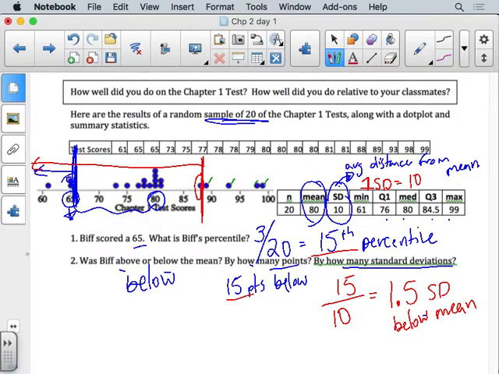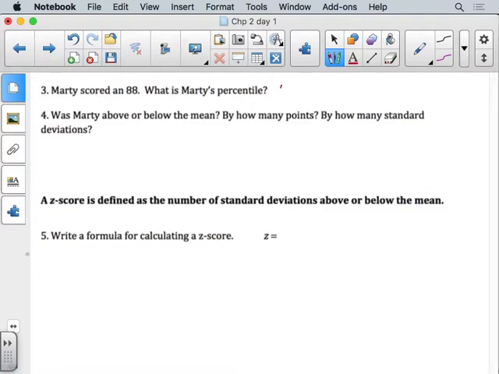There were 4 bigger. So less than or equal to him was 16 out of 20, and I believe 16 out of 20 is 80% were less than him. So that would mean 80th percentile. He was in the 80th percentile.